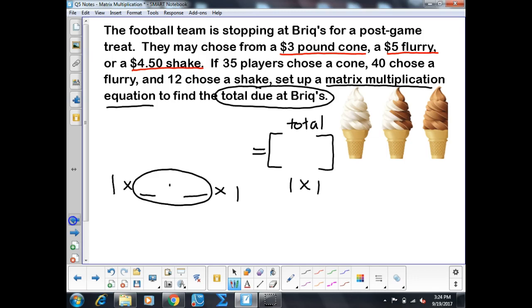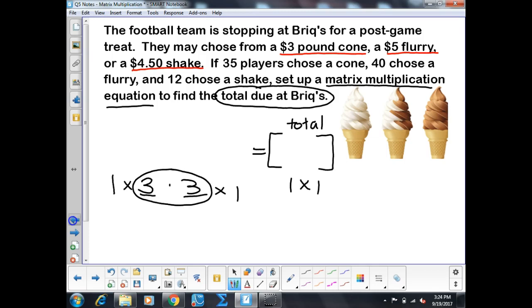Well, because I have 3 choices, a cone, a flurry, and a shake, I'm going to make a 1 by 3 and a 3 by 1, so that my resultant matrix is a 1 by 1. Now, what order you put these in really doesn't matter.